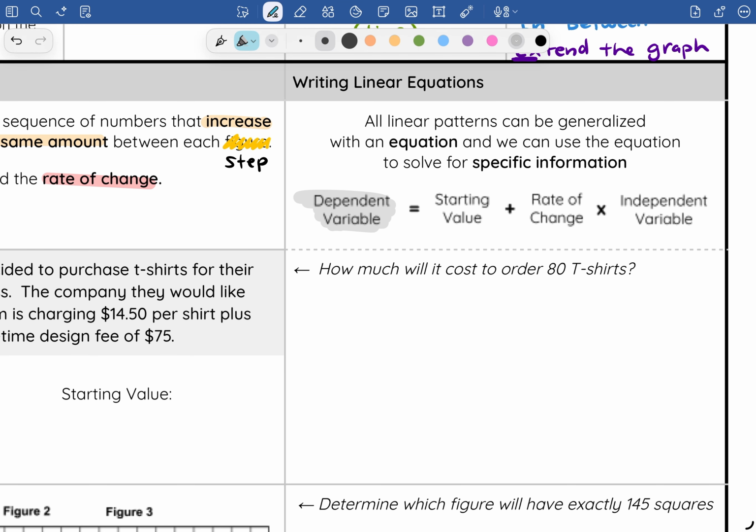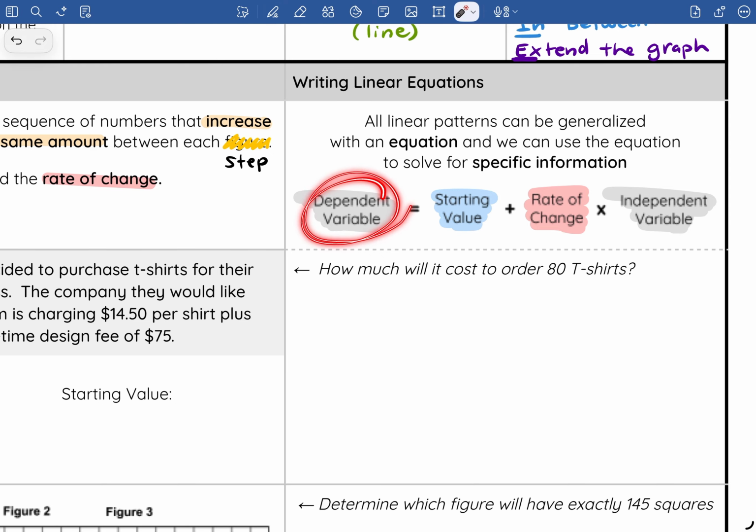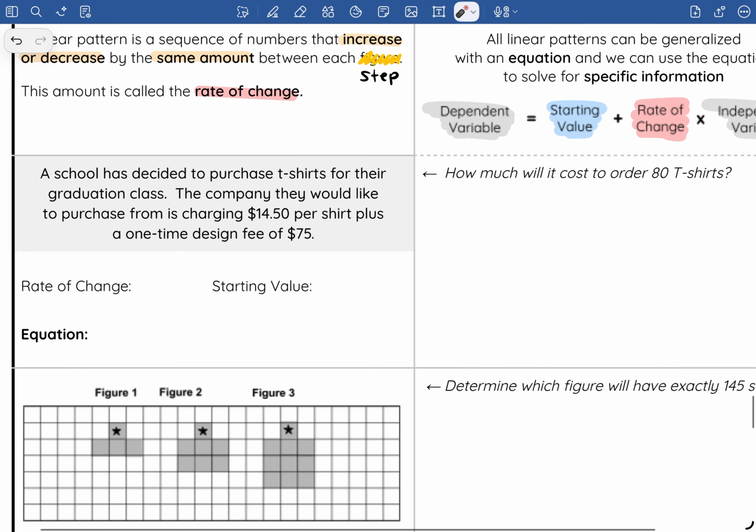These variables are actually just used in the equation themselves. Those will stay as letters in the equation. What we're looking for is then numbers to represent the starting value and the rate of change. We need to figure out that specific information and fit it into the equation. But these will stay as whatever variables we're talking about. Later on, you'll see this as y and x quite a bit more often. But for now, we're kind of thinking of more situational things.